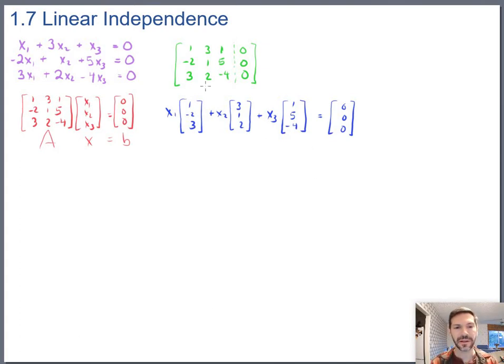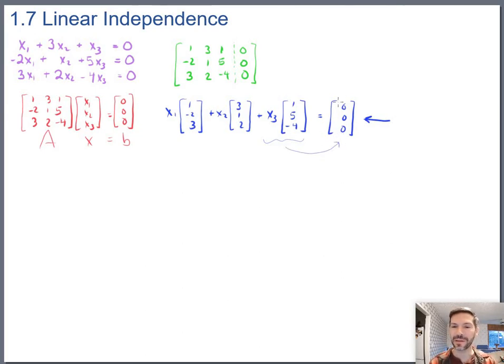And since this is a homogeneous system, right, it's equal to 0, notice that I can rephrase this another way. I'm basically saying, can I somehow combine all three of these vectors to produce 0? If I maybe subtracted this whole x3 term, moved it over to the other side, I'm not actually going to write that out.